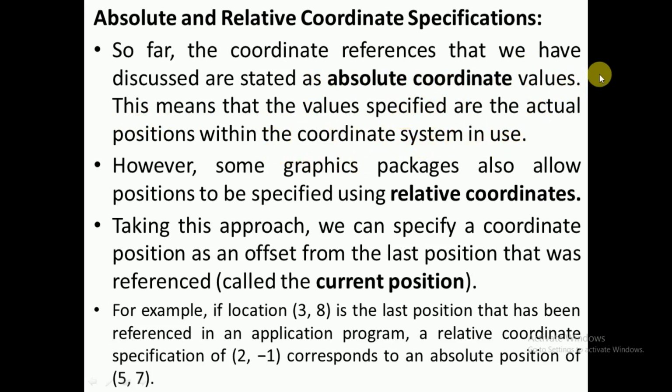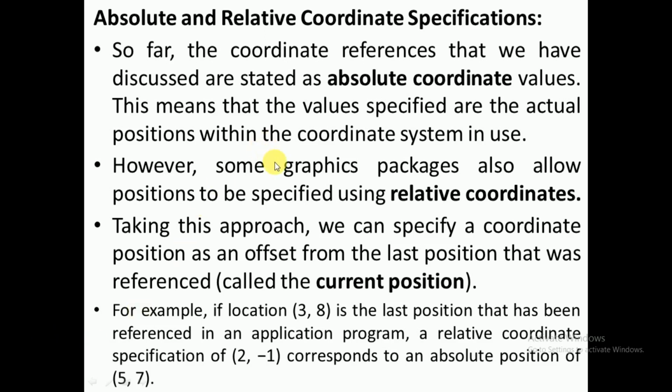If the origin is here and I mention 10, 10, it is 10 pixels in the x direction and 10 pixels in the y direction from the origin. That is the actual value of that pixel.